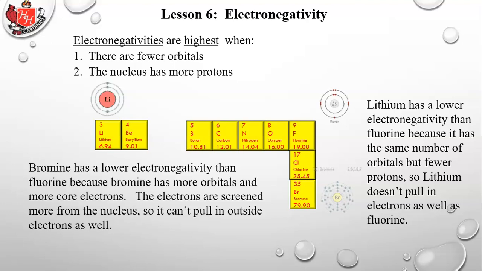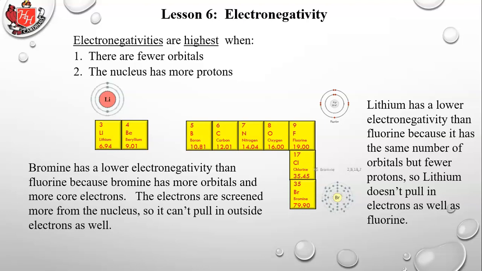Bromine has a lower electronegativity than fluorine because bromine has more orbitals and more core electrons. The electrons are screened more from the nucleus, so it can't pull in outside electrons as well. Remember, what we're talking about here is how well those protons can reach out past their own orbitals and their own electrons to grab an electron from the outside. And fluorine does it better because it has more protons while having only 2 orbitals.